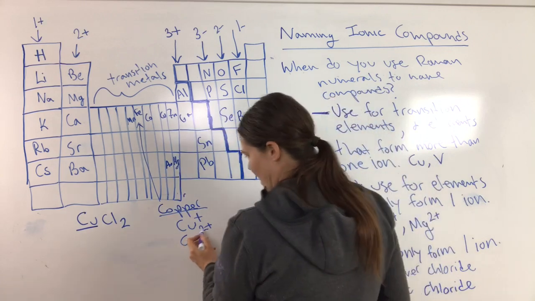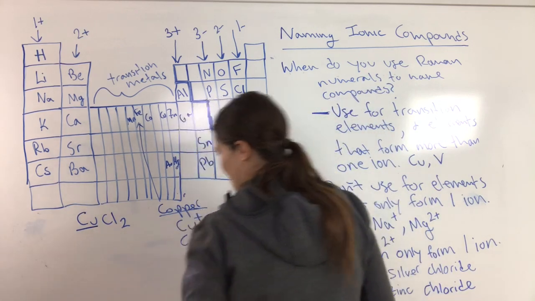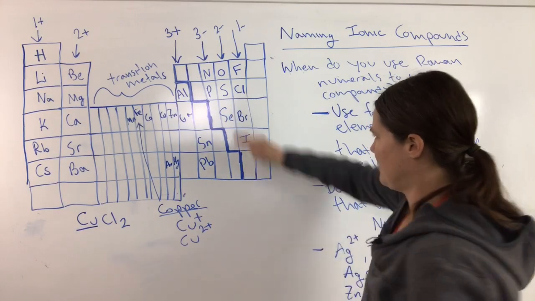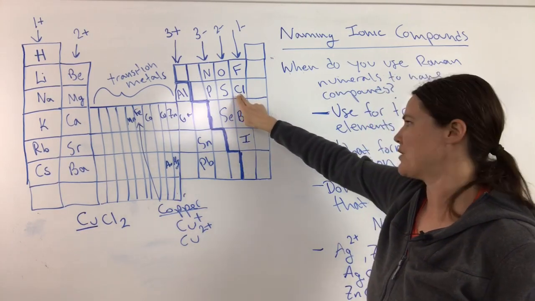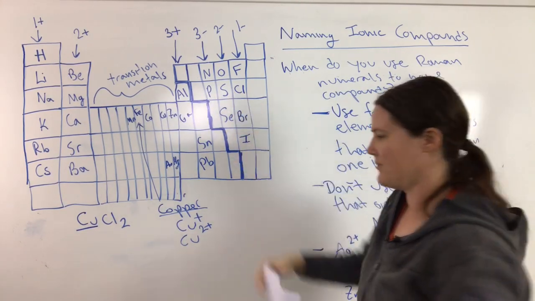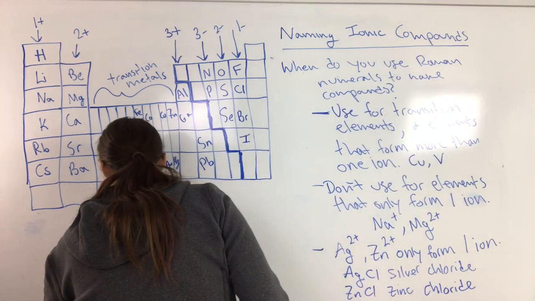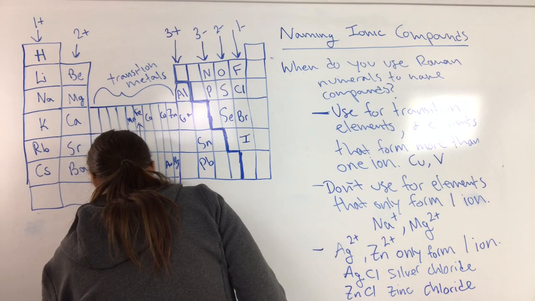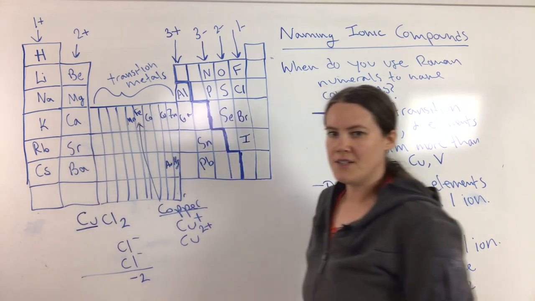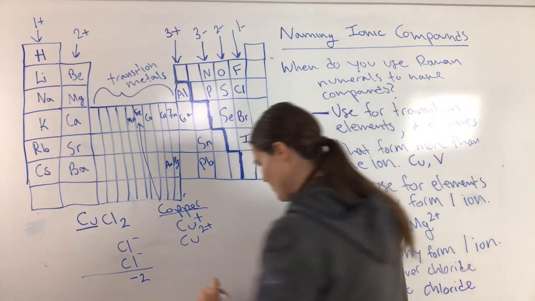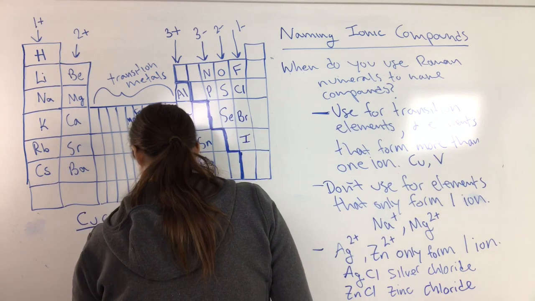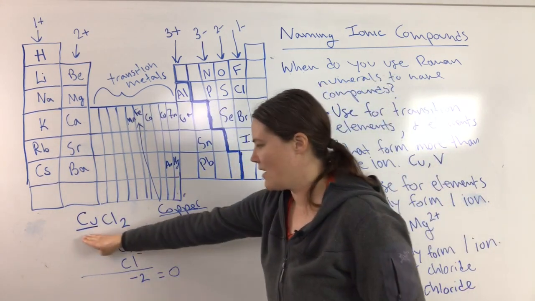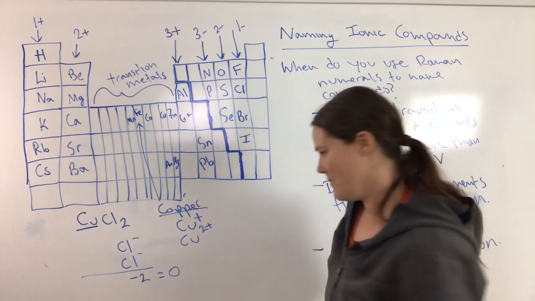We need to figure out which ion this copper is. We know that chlorine always forms a -1 charge. It's right here on the periodic table, and it always has a -1 charge. We have 2 chlorines, so we can write both of those. And if we add those up, we have a -2 charge. Well, we know that whatever we add to this, the total charge for this compound needs to add up to 0.